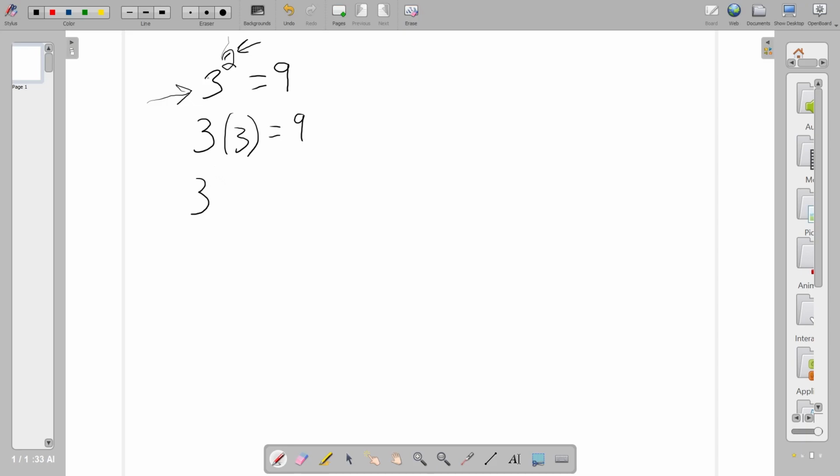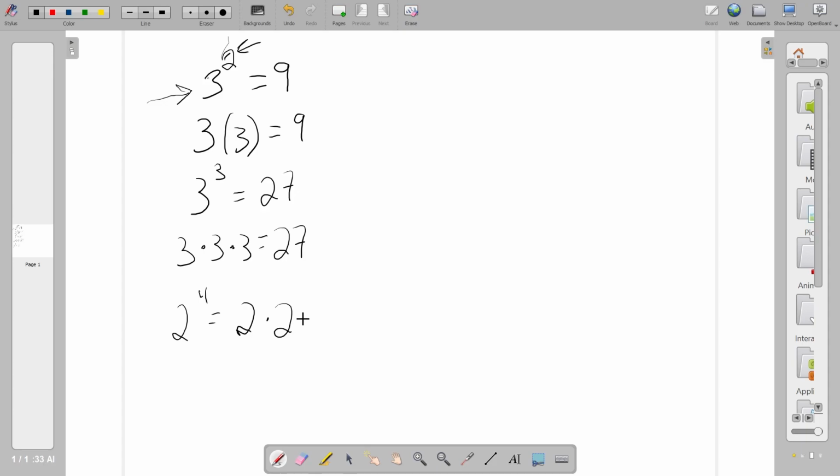So 3 cubed is 27 because it's 3 times 3 times 3. 3 times 3 is 9. 9 times 3 is 27. So 2 to the 4th would be 2 times 2 times 2 times 2. 2 times 2 is 4, times 2 is 8, times 2 is 16. Does that make sense? That's the basics of an exponent.